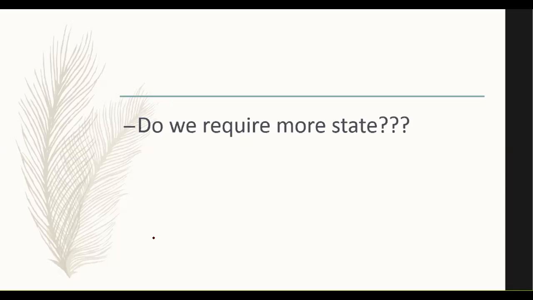So once again the question is, do we require more states? So students, think about it, and in the next class we will again discuss whether we now require more things or whether it is sufficient. So I think that is all for today. In the next lecture we will start from the same point. Thank you.